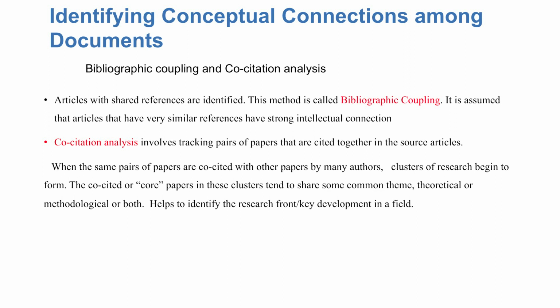When the same pairs of papers are co-cited with other papers by many authors, clusters of research papers begin to form. The co-cited or core papers tend to share some common themes and help to identify the key developments in a field.